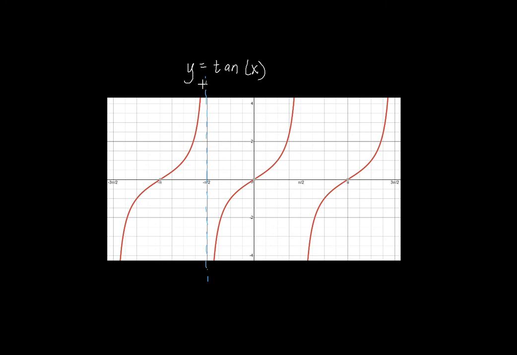As soon as you cross over that line, you'll pop back down to here, and it'll continue up and up until it reaches another asymptote, and then another asymptote right here. So we've got a lot of asymptotes going through this graph, which means our range is negative infinity all the way to positive infinity. That'll give us all those y values.